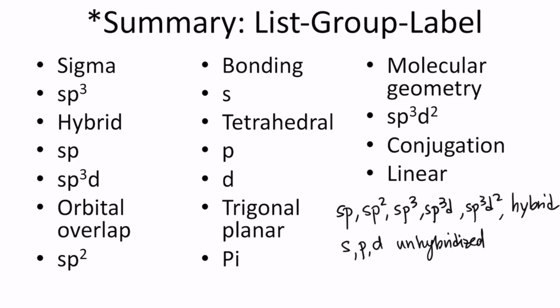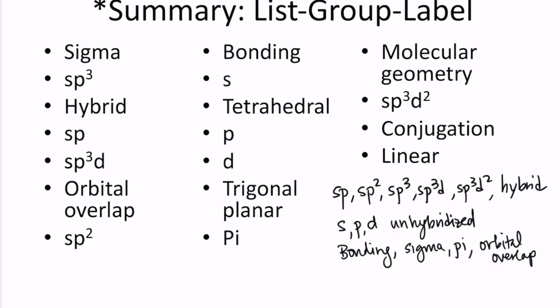I'm going to put bonding together with sigma and pi and orbital overlap. And then I'm going to put linear, trigonal, planar, tetrahedral together with molecular geometry.